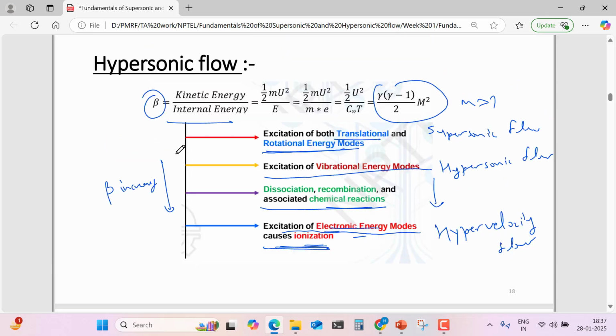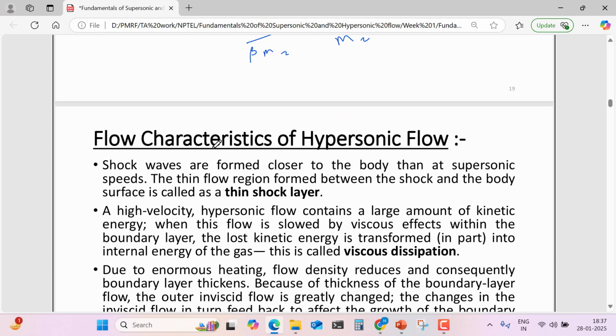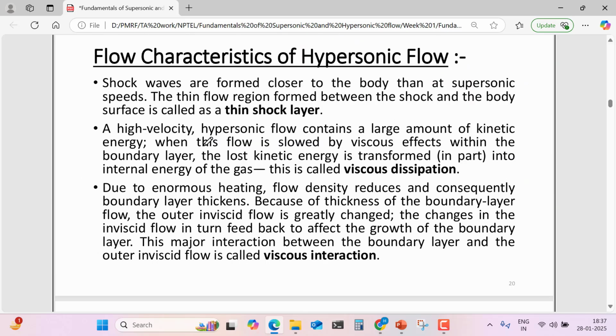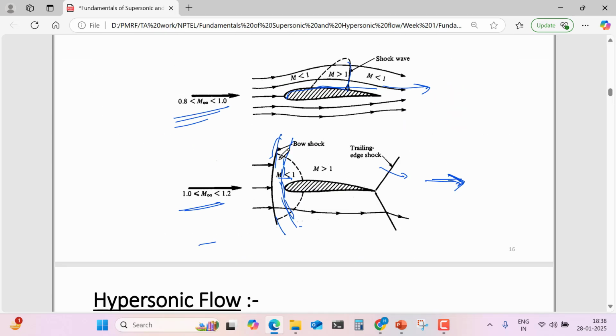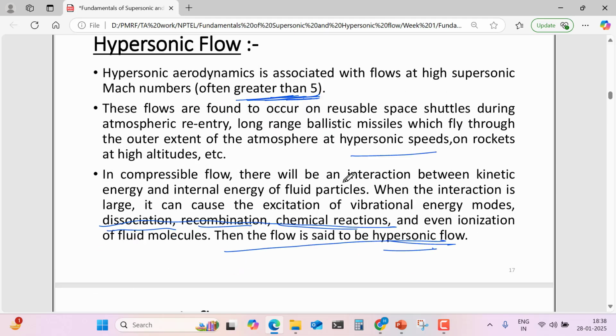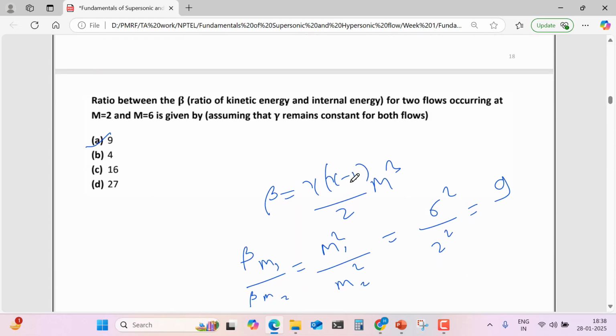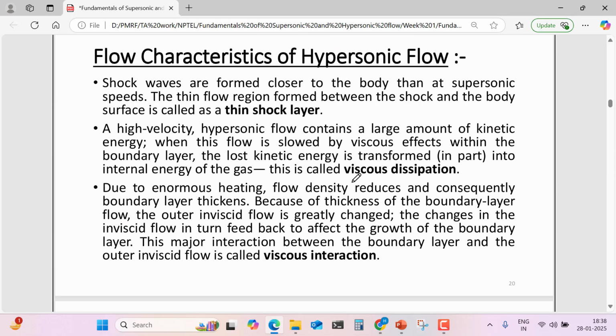So like I told before, there are some flow characteristics of the hypersonic flow. In the hypersonic flow, the shock wave will form closer to the body. I told here also, when Mach number increases, the shock wave will move closer to the body. So the shock standoff distance will be less for the hypersonic flow.